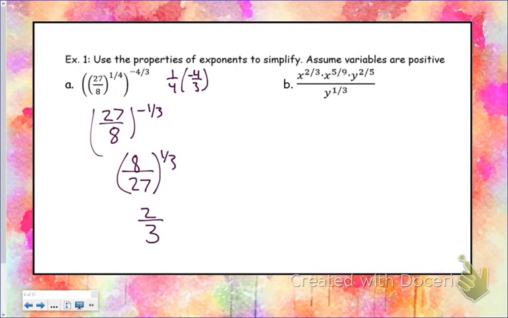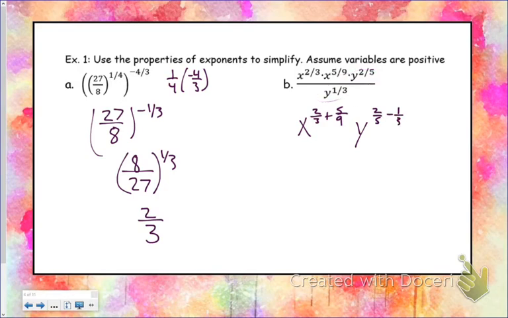Looking at this next one, I'm multiplying the same base so I can add the exponents. So this would be x to the 2/3, let me write it this way, 2/3 plus 5 over 9. And then my y's I can subtract, so this will be 2/5 minus 1/3.